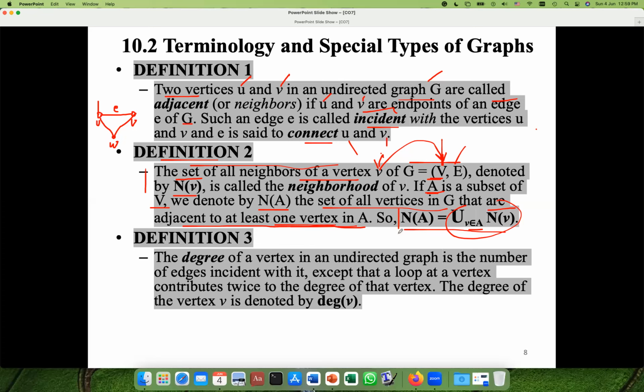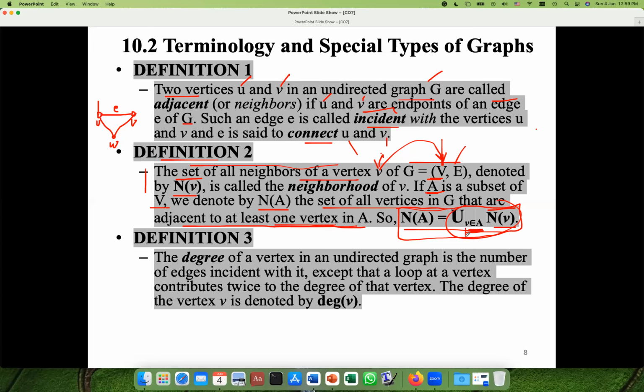If you are not understanding, you can just take this mathematical notation. It will give you this idea clearly. You have to take V1, V2, V3, which are available in A, one by one, and you have to find their neighborhoods, and then you have to take their unions, nothing else. When you are taking unions, it is possible that you will find, for example, V4, V5, V6 as the neighborhood of V1.